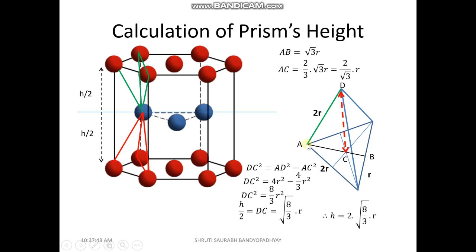Now this AB is one median of that triangle, which connects one vertex point to the midpoint of the opposite arm. That is the median, and we know that there are three medians in a triangle. Suppose they intersect at point C here. This median, that median, and this median intersect at point C.